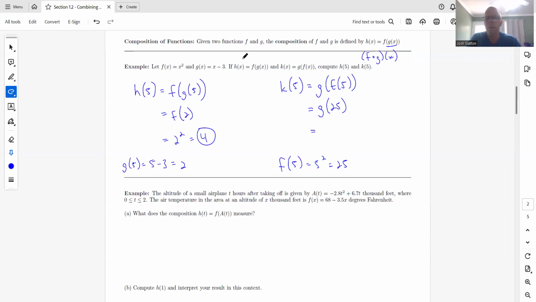Now plug the 25 into the g, and we get 25 minus 3, and that is 22. All right, so again, always start at the right, plug in your x, plug it into the next function that comes, and then get that answer and plug that number into the next function after that. All right, so we'll continue composition on the next.